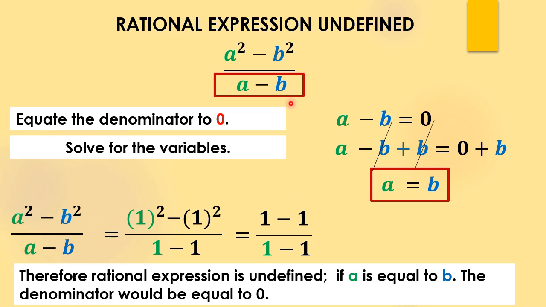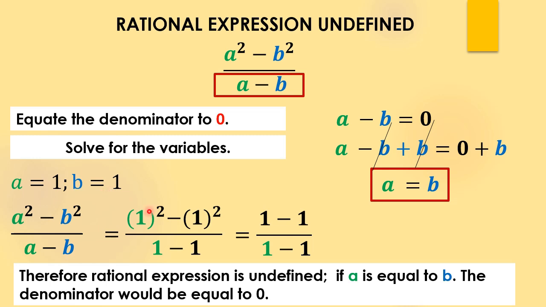In order to make this rational expression undefined, a and b must be equal in value. Let's say a is 1, then b must also be equal to 1.